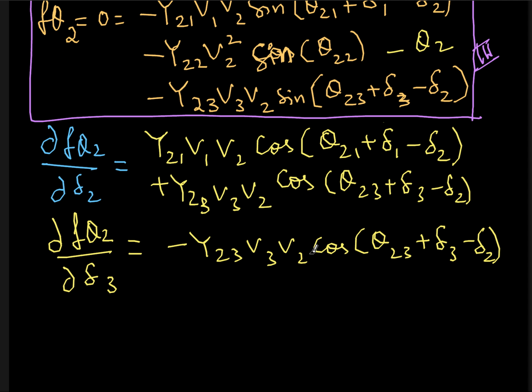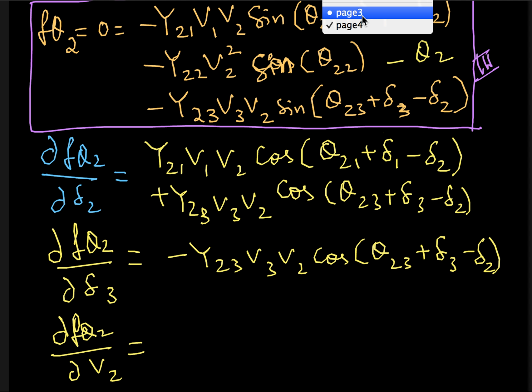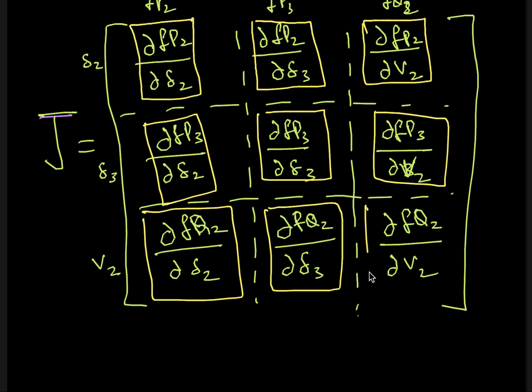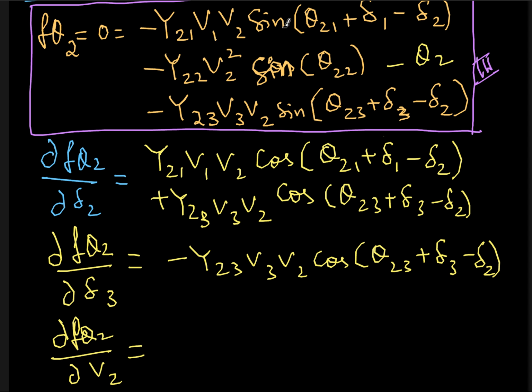Now the last element will be the differentiation of function q2 with the third unknown variable v2. So let's do that. Differentiate this with v2. So I have v2 here, v2 square here, and v2 here. Let's take the first equation. I'll get everything except v2.